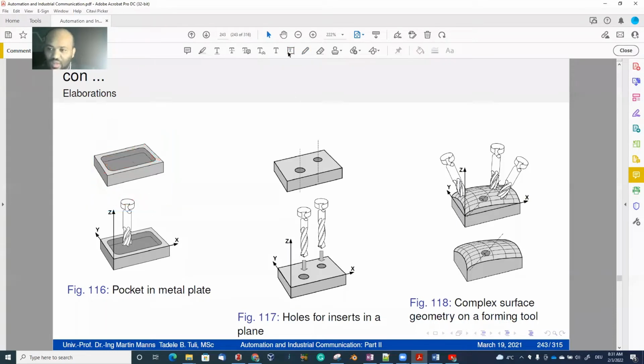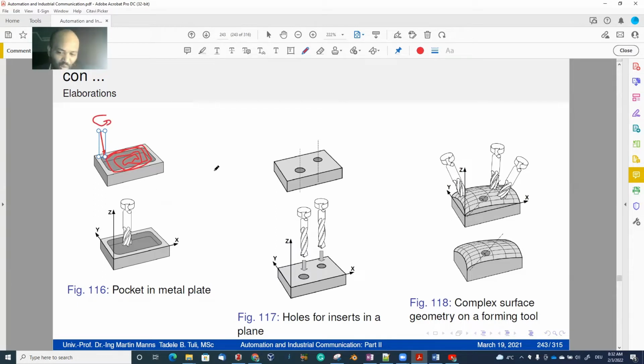So while the tool is rotating, it is also doing translation.